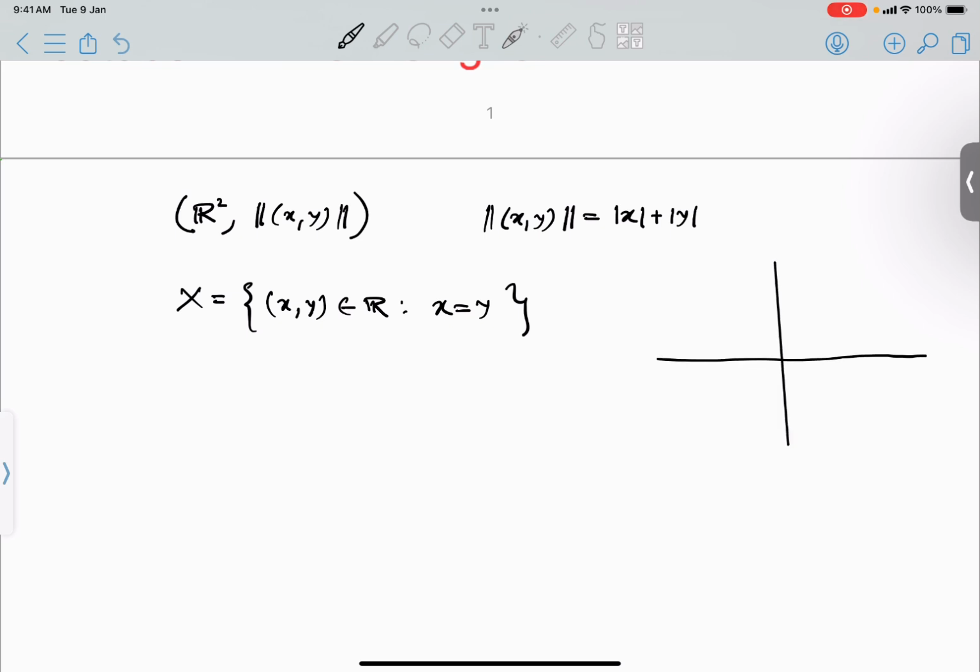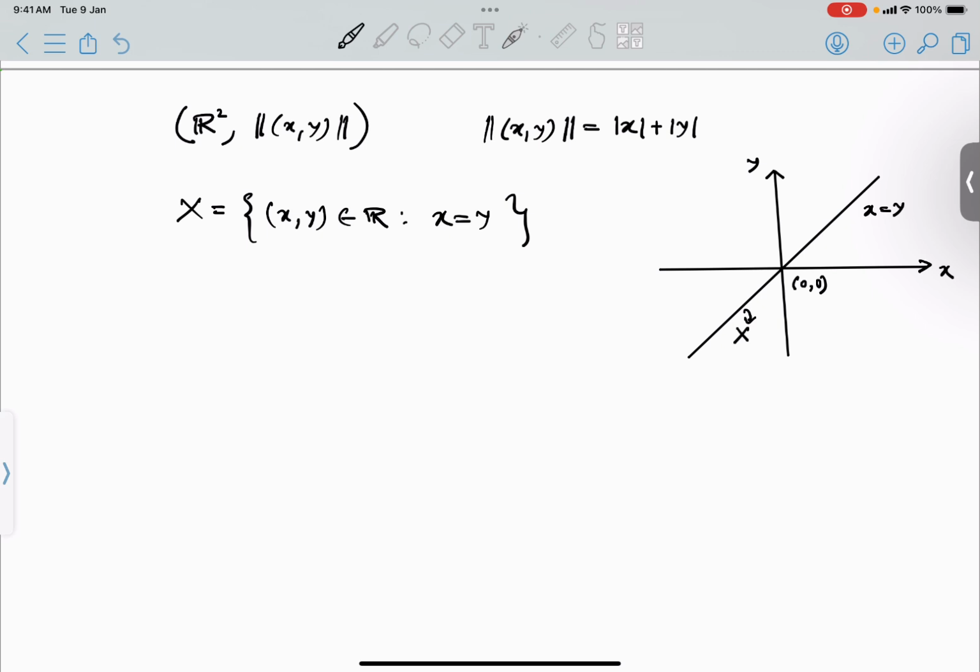So let me draw. Suppose this direction is x, this direction is y, then this line is x equals y. So this is the subspace X, and this is (0, 0).